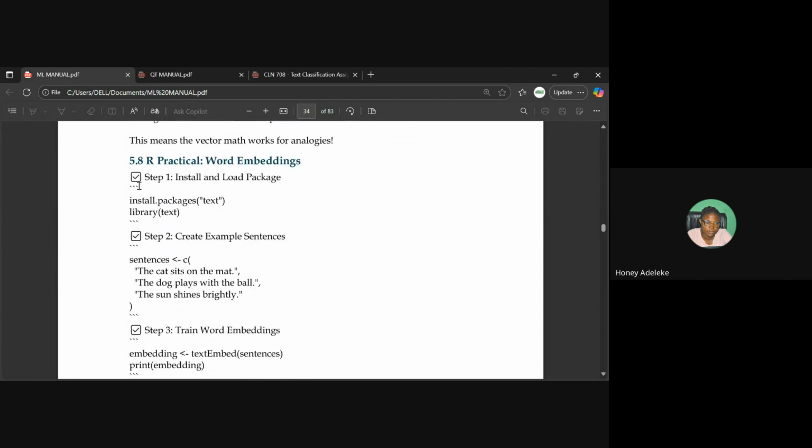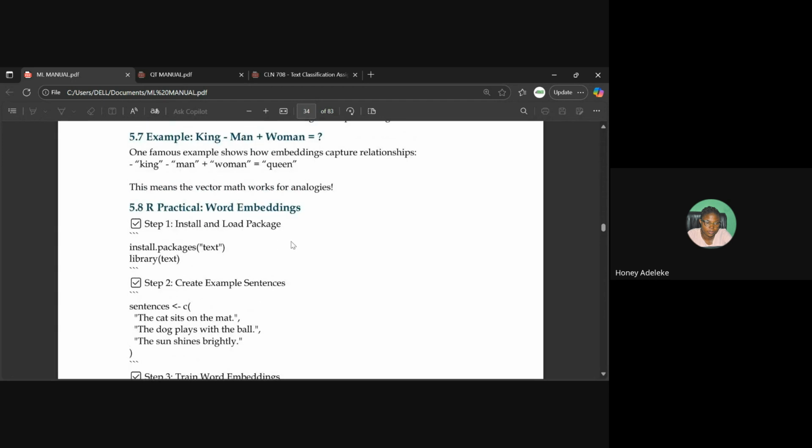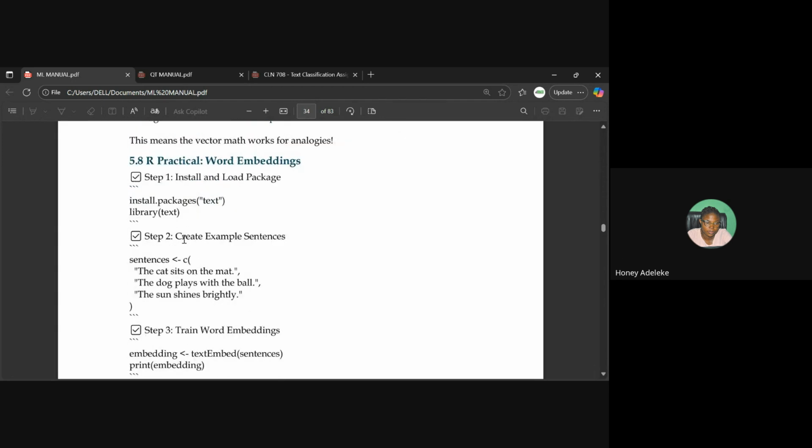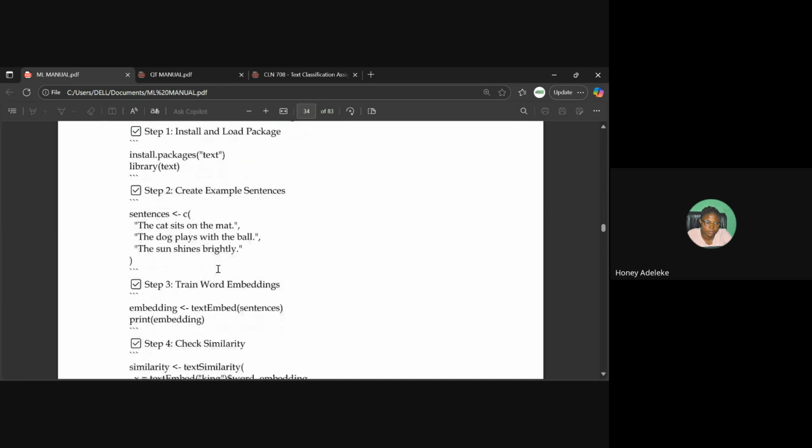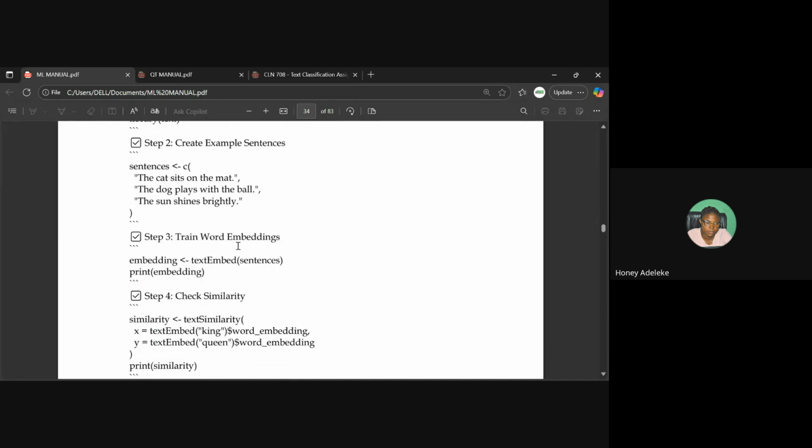So the steps have been stated here. The first thing you do is to load your package. The next thing is to create example sentences, just like you have here. Don't forget that in real life, you are going to be faced with a very, very large corpus. So this is just an example. Then you will train the word embeddings using this.